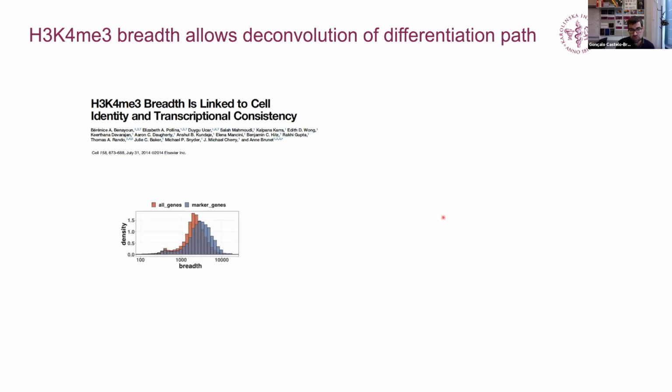One thing that we also noticed is that a few years ago, the lab of Anne Brunet had described that the H3K4 methylation breadth was linked with cell identity. And indeed, in our data, we could see that marker genes from the different populations had a higher breadth.